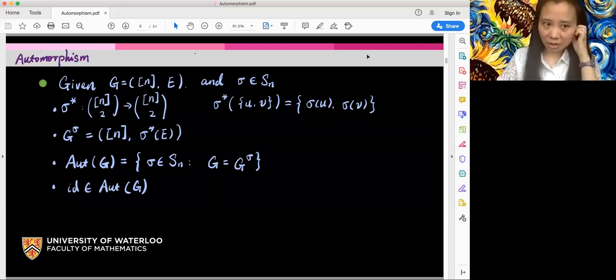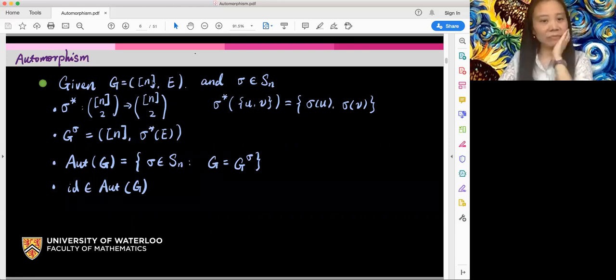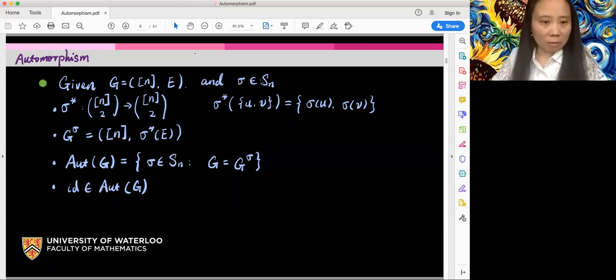So what is automorphism? I guess everyone knows it, but as a talk, I would like to include the definition as well. So I'm given a graph G defined on the vertex set [n], and you are given a set of edges denoted by A. And also given sigma, which is a permutation on n objects.